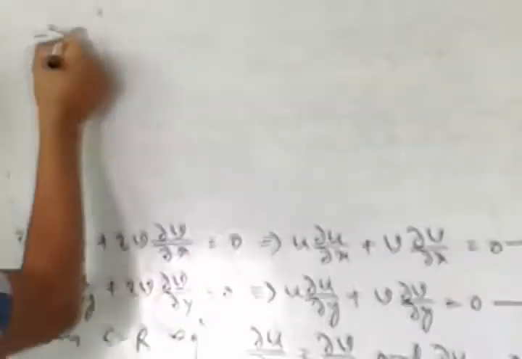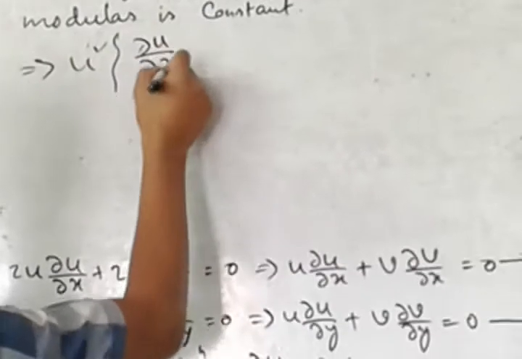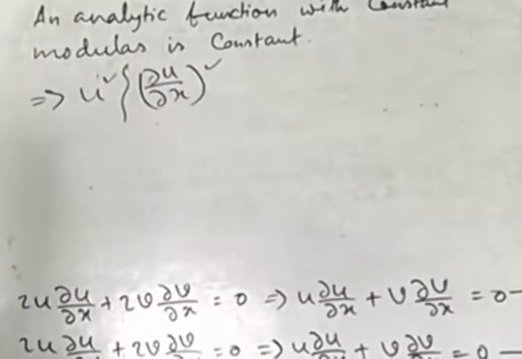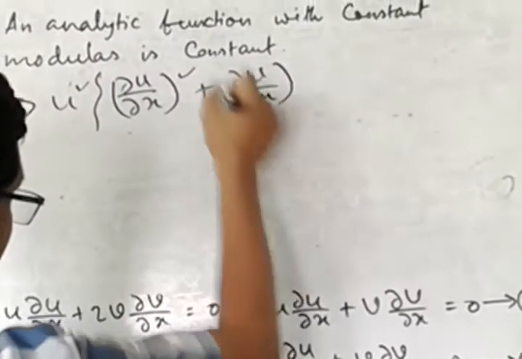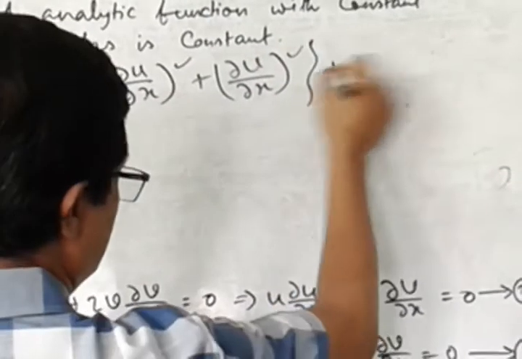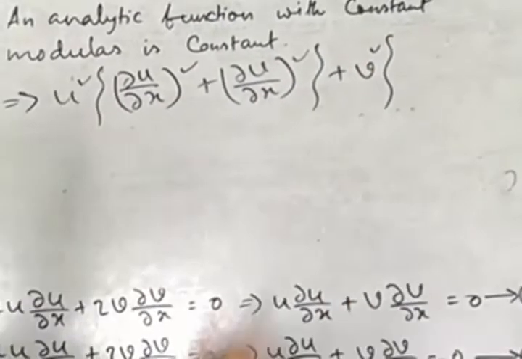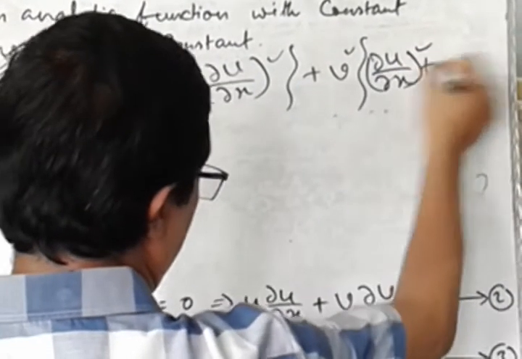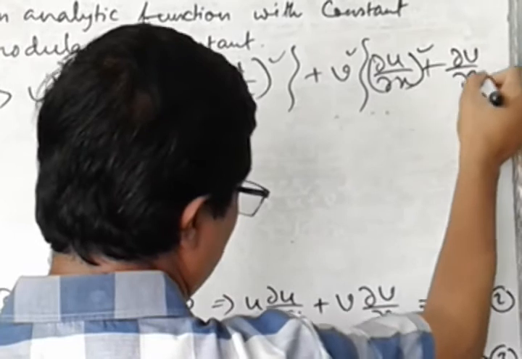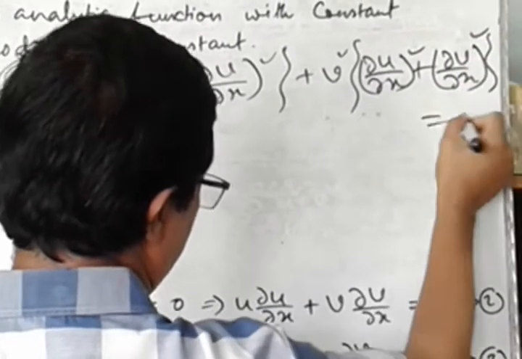u square del u by del x square plus del v by del x square, v square, the same thing, del u by del x square and del v by del x square is equal to 0.